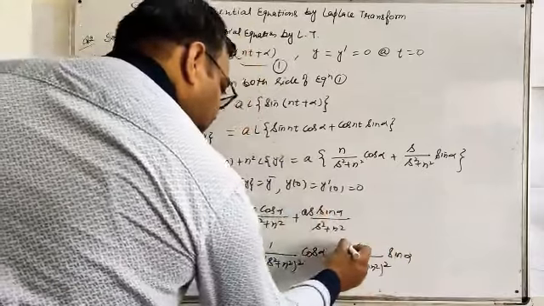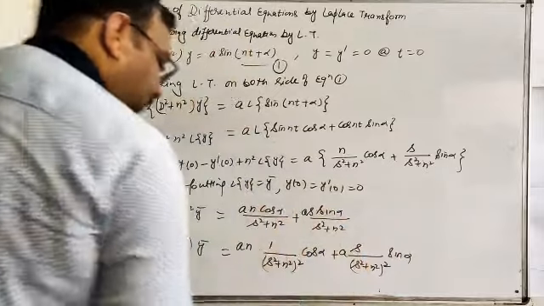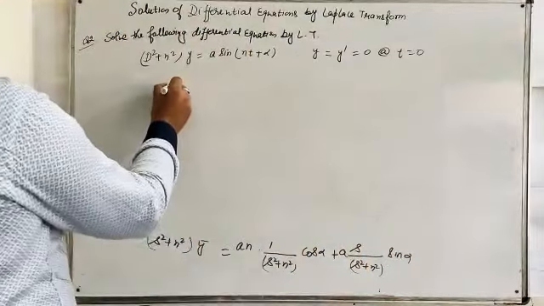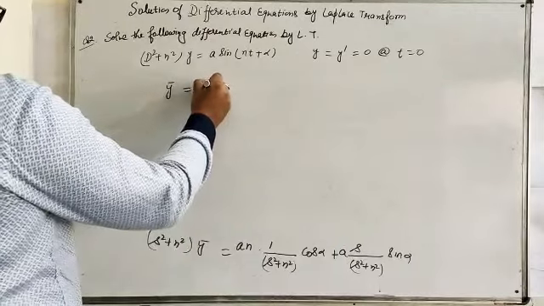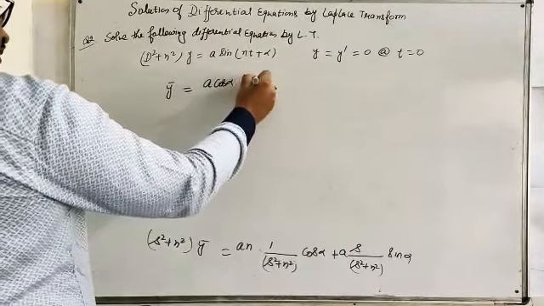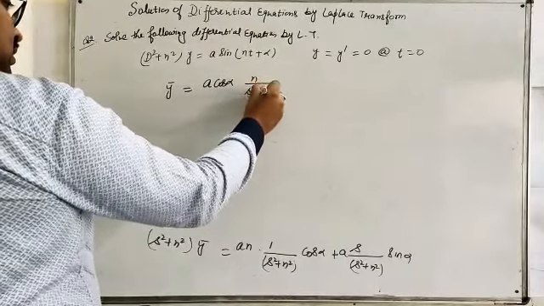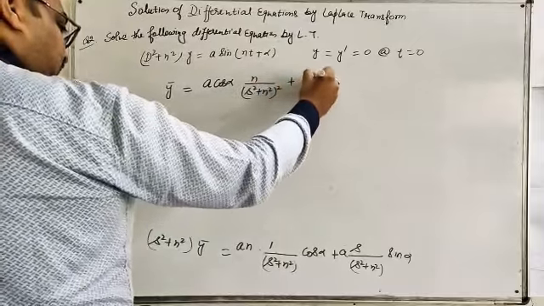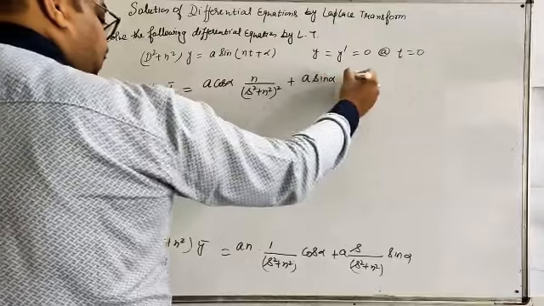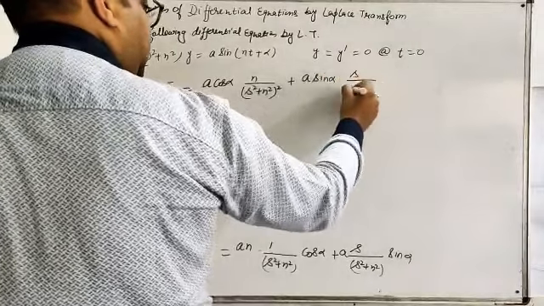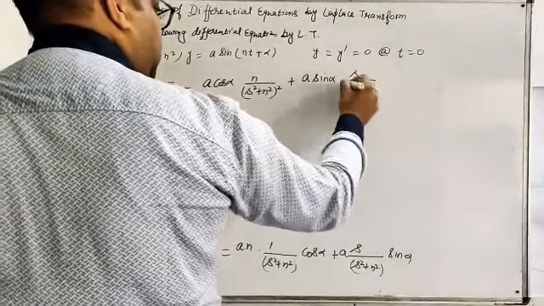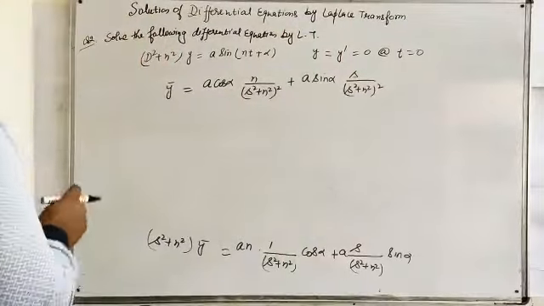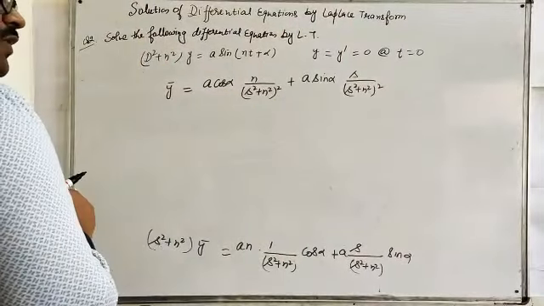A is also with this particular term. Or we can rewrite it as y bar is equal to a cos alpha n upon (s square plus n square) whole square plus a sin alpha s upon (s square plus n square) whole square. This is the value of y bar, but we have to find the value of y.